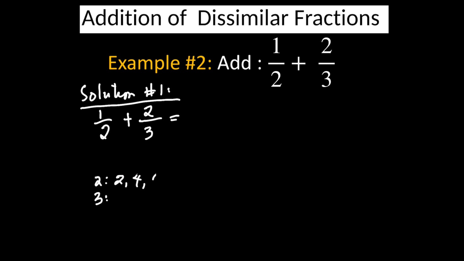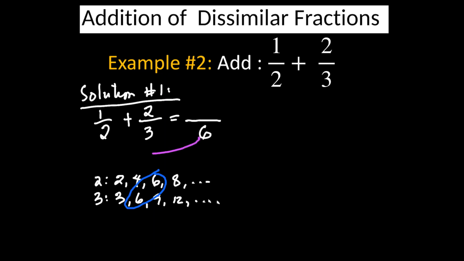The multiples of 2 are 2, 4, 6, 8, and so on. While for 3, we have 3, 6, 9, 12, and so on. And if you notice, there is a common multiple here, which is 6, which is also our LCD.